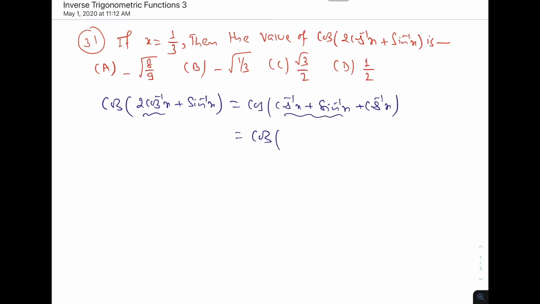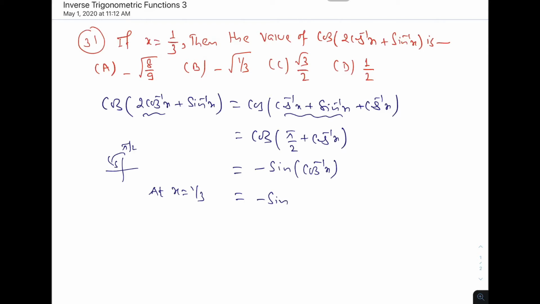Now cosine inverse x plus sine inverse x is pi by 2. So cosine of pi by 2 plus cosine inverse x, that is cosine of pi by 2 plus theta. That is in the second quadrant, and in the second quadrant cosine is negative. So this is minus sine of cosine inverse x, but we want it at x equal to 1 by 3.